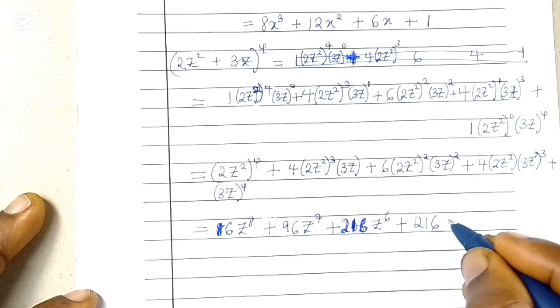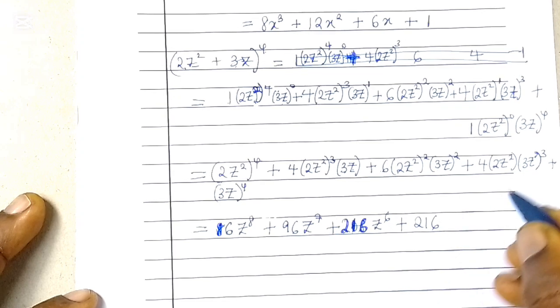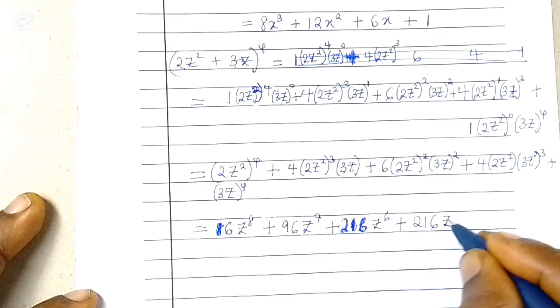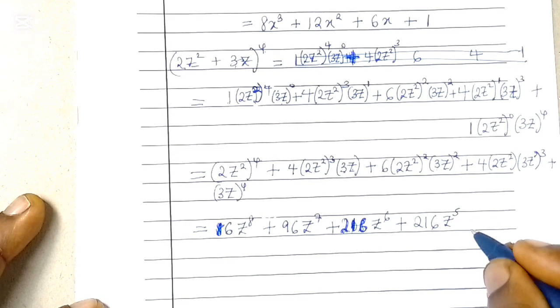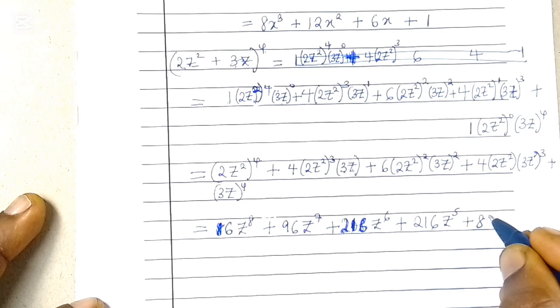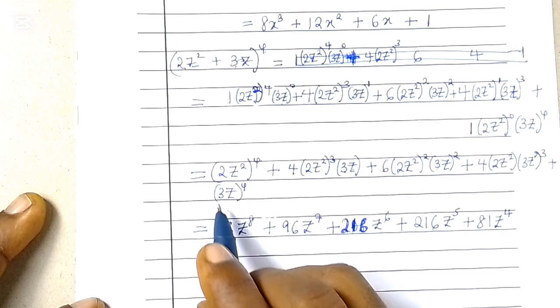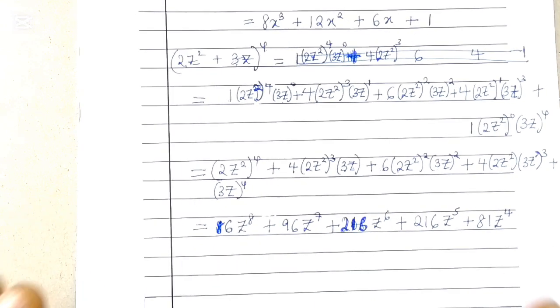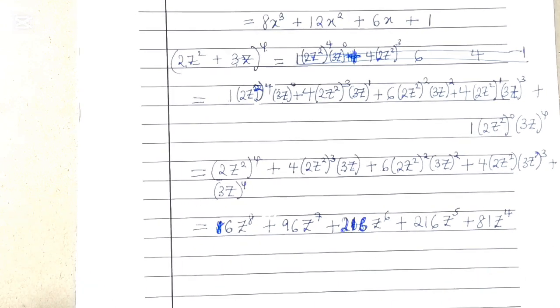And we will bring the z's. So this will be z raised to power 2 times z raised to power 3 will give you z raised to power 5. So finally, you would end up having 3 raised to power 4 should be 81. And you would have z raised to power 4 when you expand this. So this is the expansion you would get using Pascal's triangle.